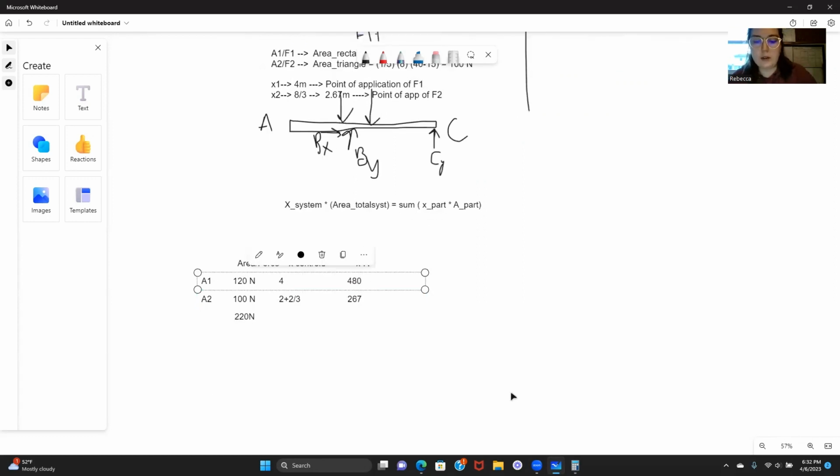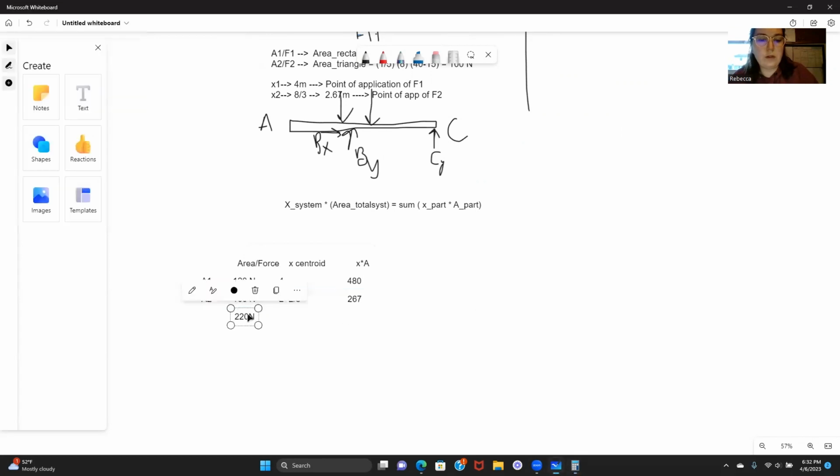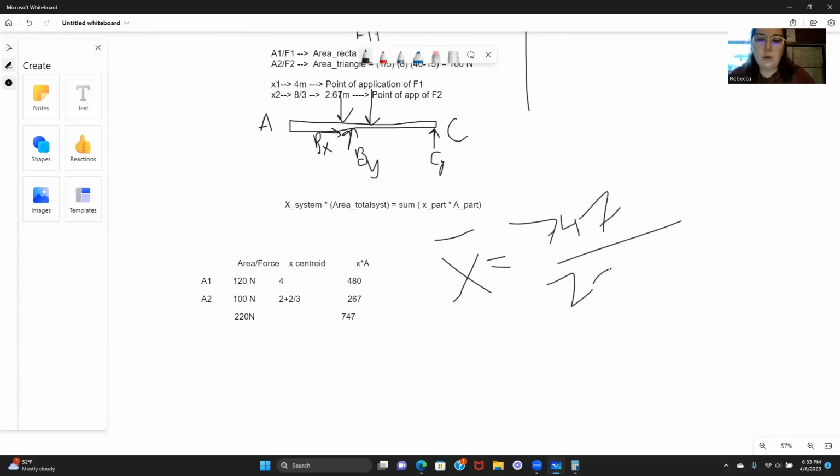Over here, let's add these values together. So we have 480 plus 267. That's going to be 747. So if we went back up to this equation, we could find that the centroid of the system, or big X bar, is equal to our little x bar times A, or that 747, divided by that 220.